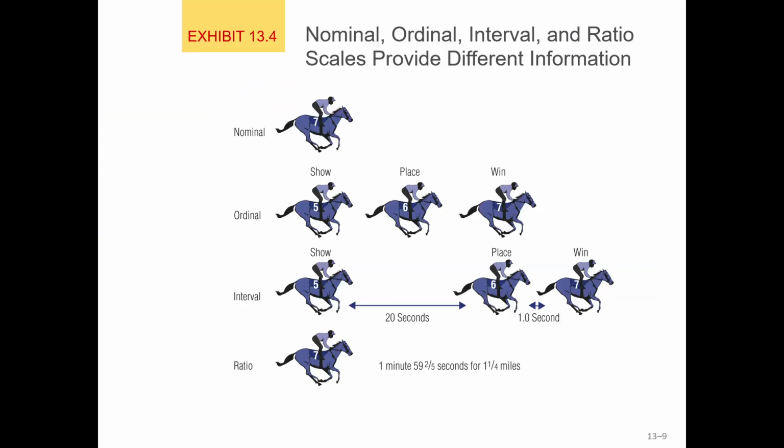And here we have a really nice example, the nominal, with horses that we see here, then the ordinal, show, place, and win, and then the interval, we have 20 seconds, and ratio, we see how many minutes for the length, the distance.